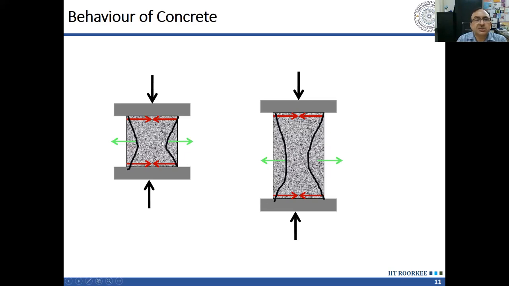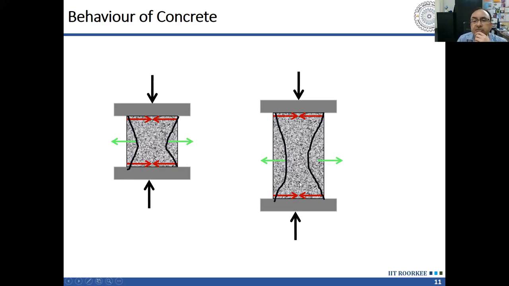So this end friction effect, which is giving confinement to the concrete at the ends, continues roughly up to 0.8 times the diameter or 0.8 times the cube dimension. So in case of the cube, we can see 0.8 from below, 0.8 from the top. The whole height of the cube is affected by the end friction effect.